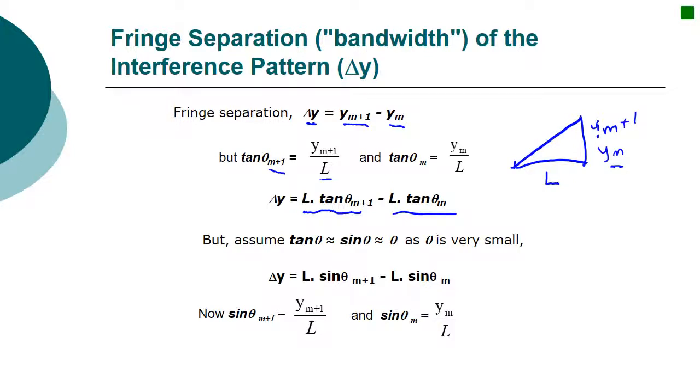If our value of L, the distance to the screen, is very far away, and those lines are nearly parallel, then our value of theta is going to be really small. So what we can assume is that tan theta in this instance is going to equal sine theta, because it's such a very small value.